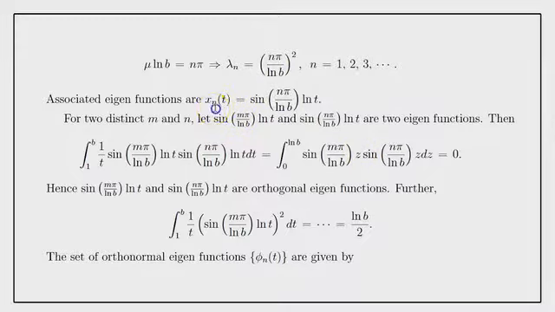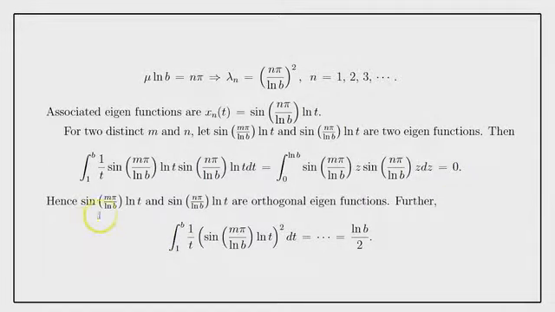Then these two are eigenfunctions, that is sine of this part and sine of this. If you consider this integral, that is the integral from 1 to b of (1/t) sine of this times sine of this, then after a change of variable you can prove this is equal to 0. Hence these two functions are orthogonal eigenfunctions with respect to the weight function 1/t.